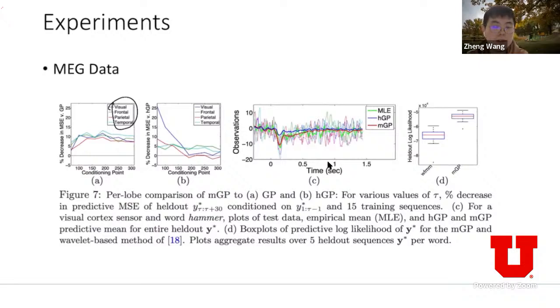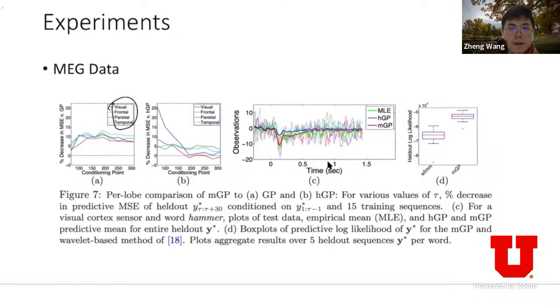According to those regions, they provide the results. The first, A and B, are the MSE performance compared with Gaussian process and hierarchical Gaussian process.